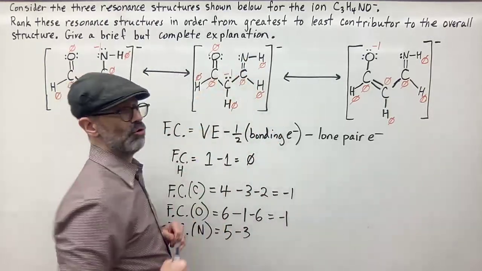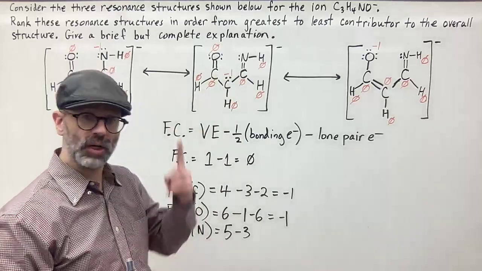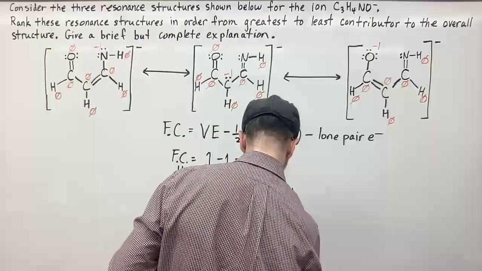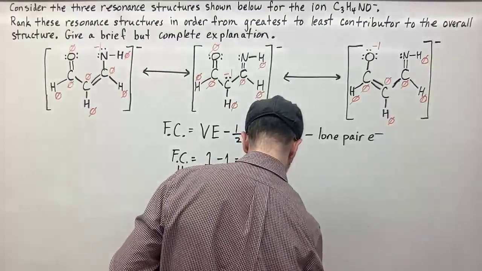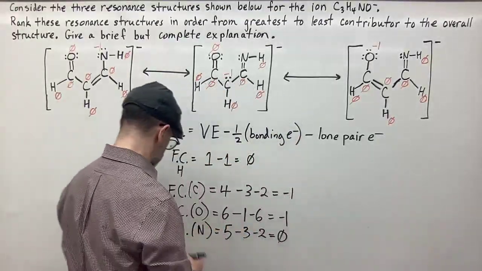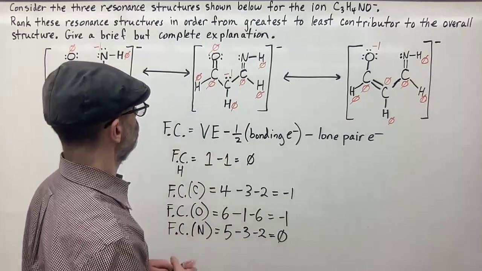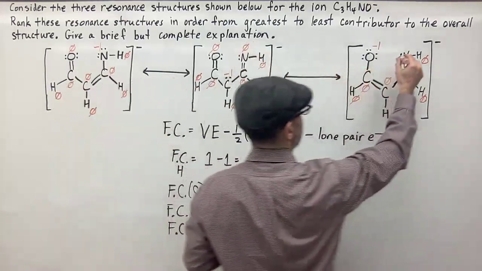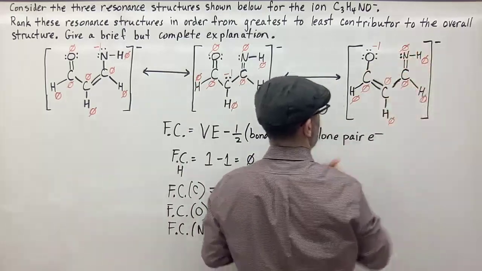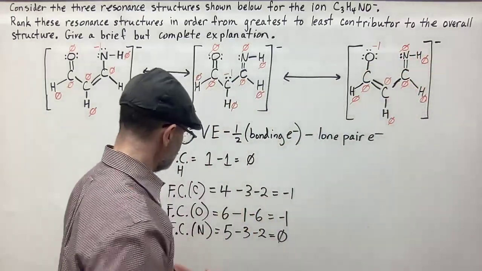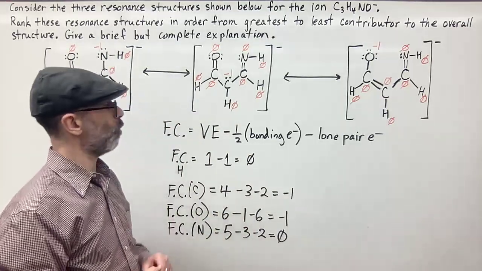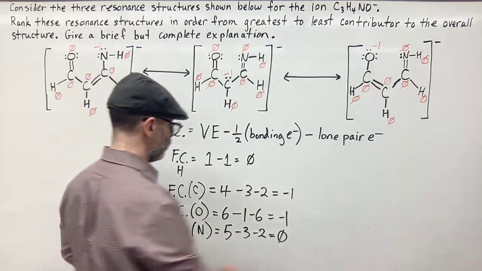And there's 1 lone pair, 2 electrons. So we're going to subtract out those 2, and we get equal to 0. So once again, this one has 0, and this one has 0. And so now we have assigned all of the formal charges. So now we're done with that part.